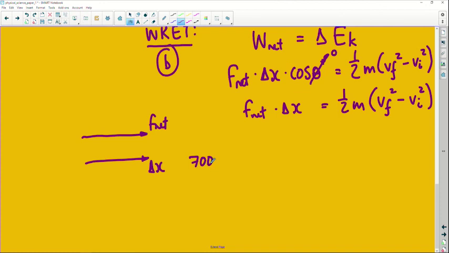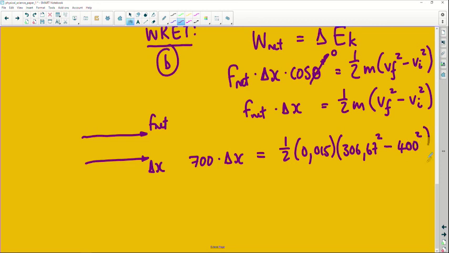We start with the net force as 700 Newton. We've got delta x, which is the unknown that we want to calculate, and that is all equal to half multiplied by the mass of the bullet, which is 0,015, multiplied by the final velocity of the bullet, which is 306,67 squared, minus 400 squared, which is the initial velocity of the bullet squared.